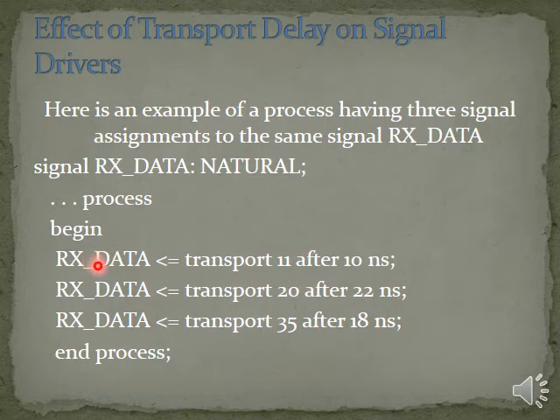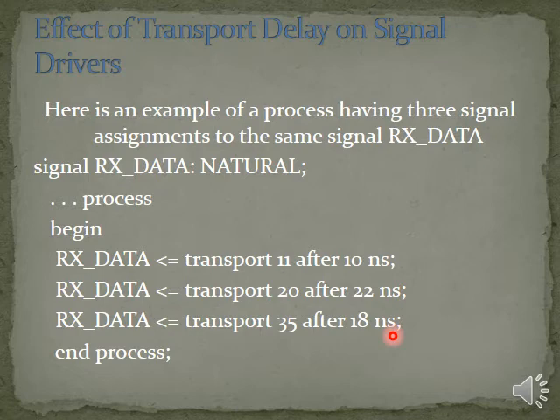The common thing here is this signal object. Correct? So here you see signal assignment transport 11 after 10 nanoseconds, transport 20 after 22 nanoseconds, and transport 35 after 18 nanoseconds.